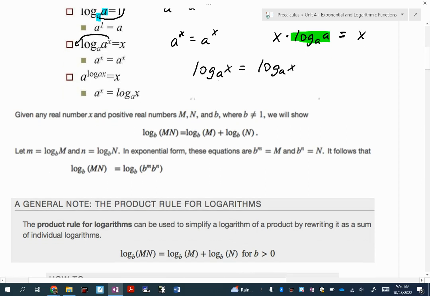If I were to think of this one as my exponent and do a to this whole thing as the power equal to that argument, I would write a raised to the log base a of x equals x, which is where they get this property: if you have a big base raised to an exponent where there's a logarithm with the same base as the big base, then whatever the argument is, that's your answer.